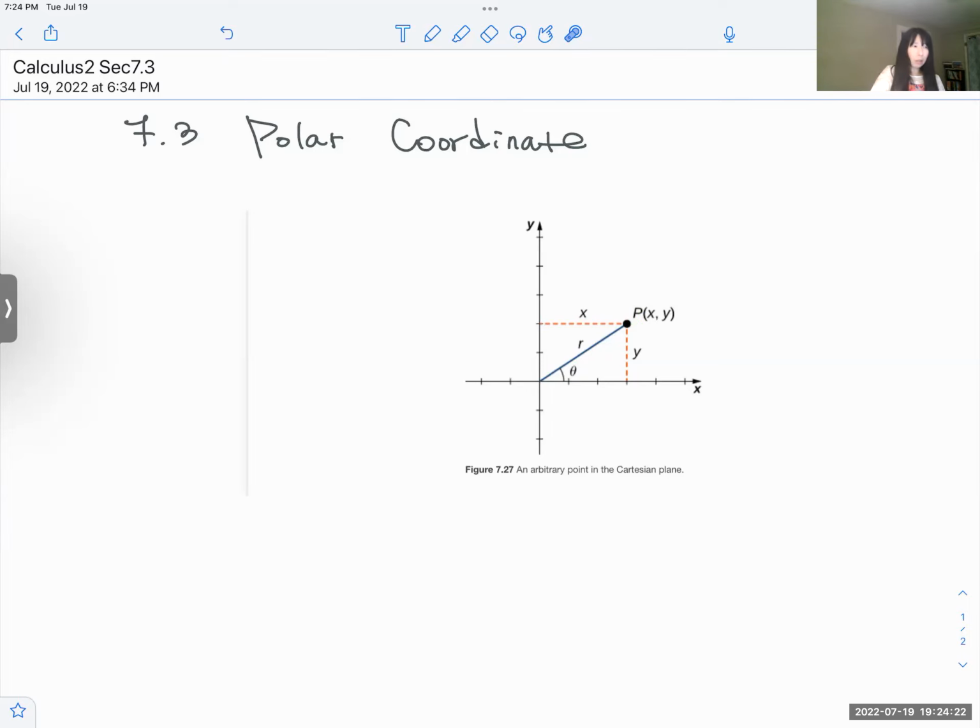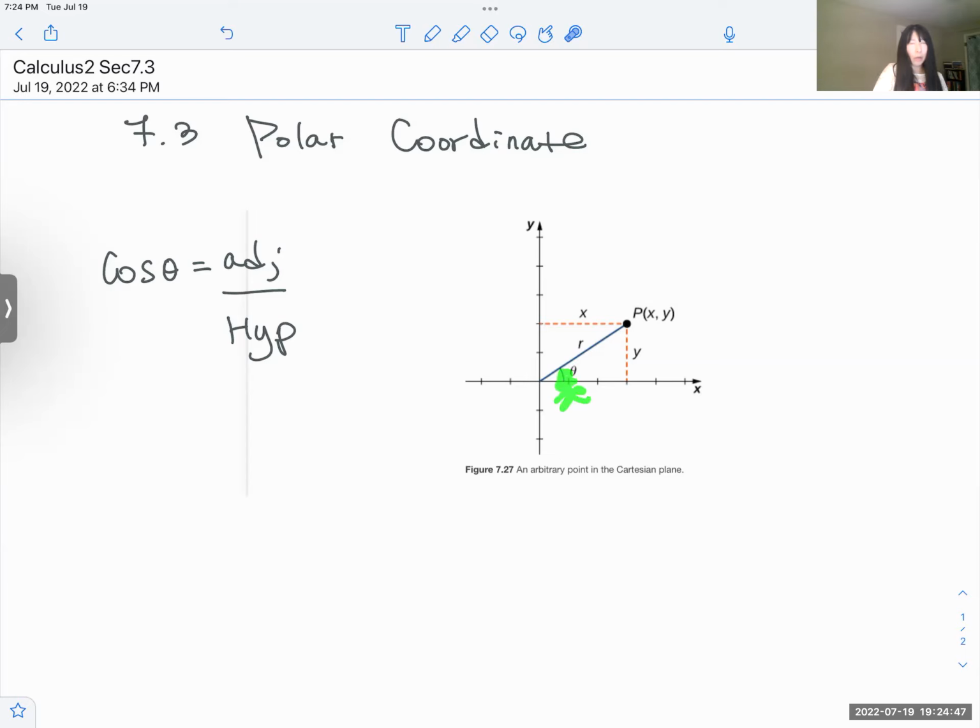In a right triangle, we denote cosine theta. Let me write it down here. Cosine theta is adjacent side over hypotenuse, right? In this case, we are standing here.